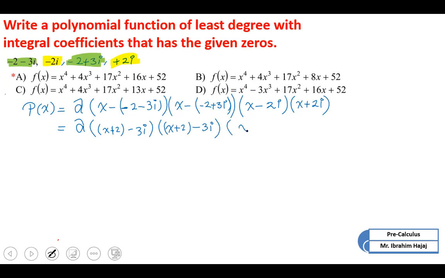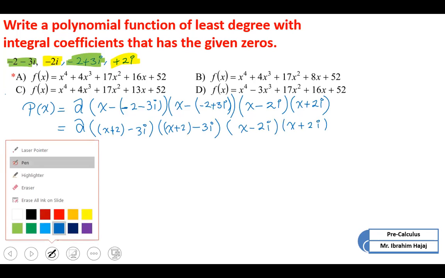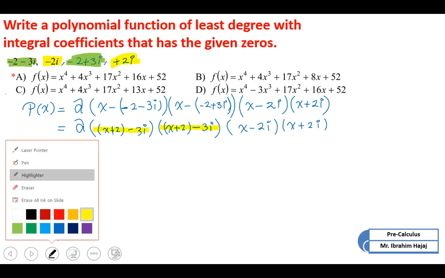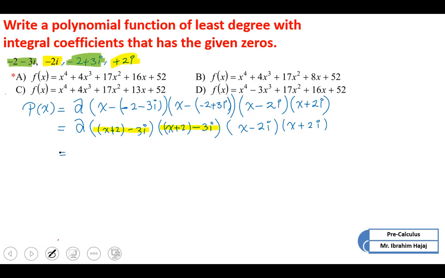And here, x minus 2i multiplied by x plus 2i. Multiplying any number by its conjugate gives what? Squaring of the first minus squaring of the second.